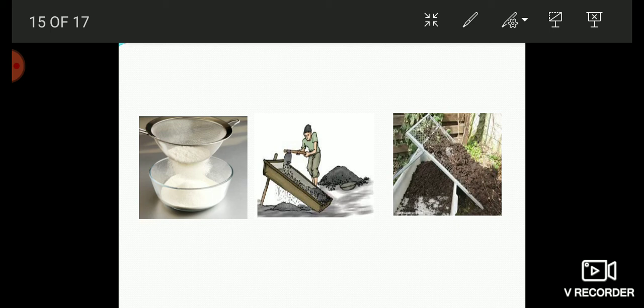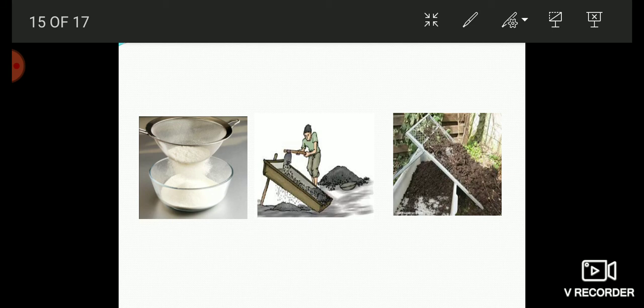And in the next picture, it is commonly used at a construction site. They are separating the stone from the sand.